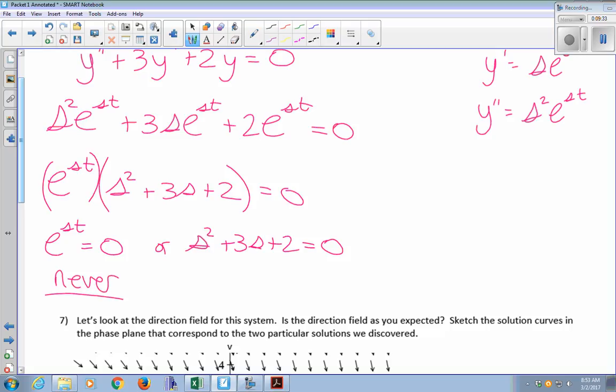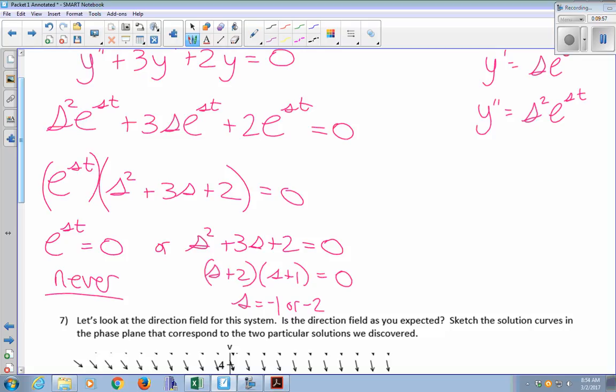Right, and s squared plus 3s plus 2, that we can factor and get zeros. So I have s plus 2 times s plus 1. Set each factor to 0, and you get s is -1 or -2. So I've actually found two particular solutions to this second order differential equation.